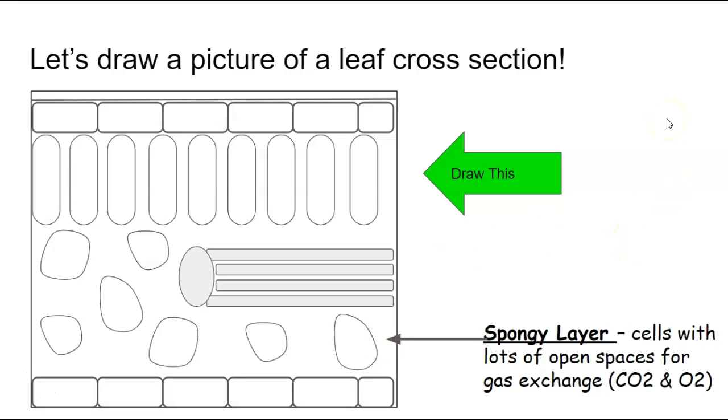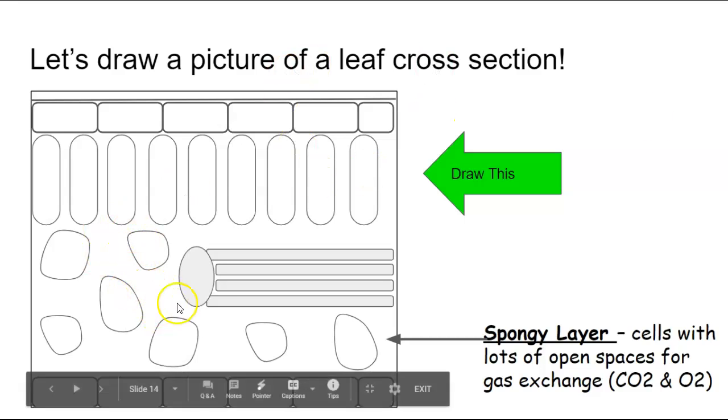The reason that the cells aren't very close together and why we have a lot of space in there is because this is where gases can travel really easily. So when we say gas exchange, okay, think about what a plant needs. Remember, it takes in carbon dioxide. So these are places where we can store CO2 in these little pockets where there aren't cells, or inside of the cells.